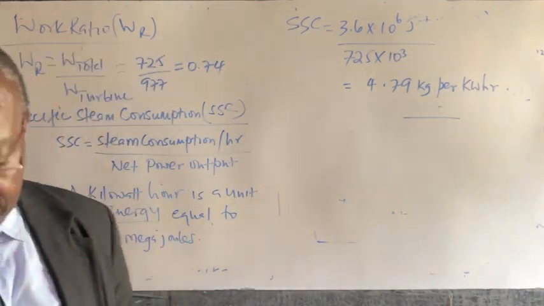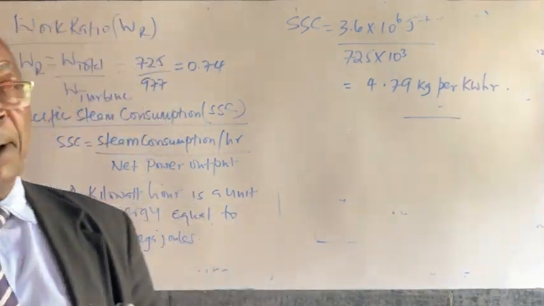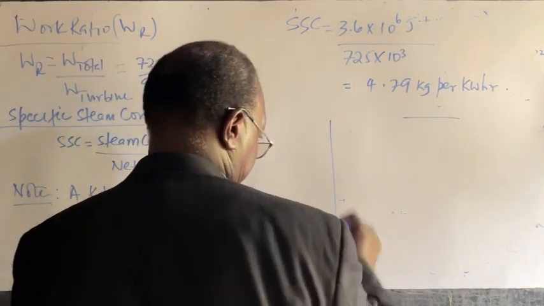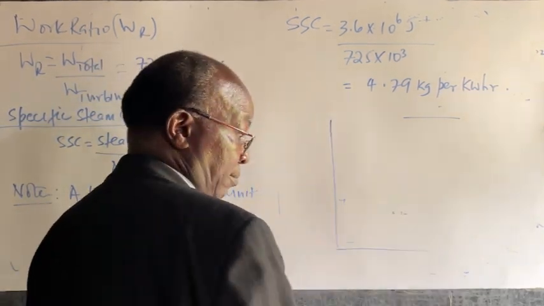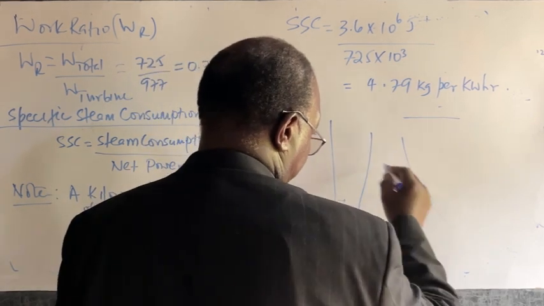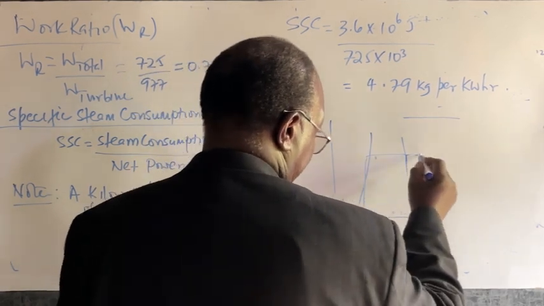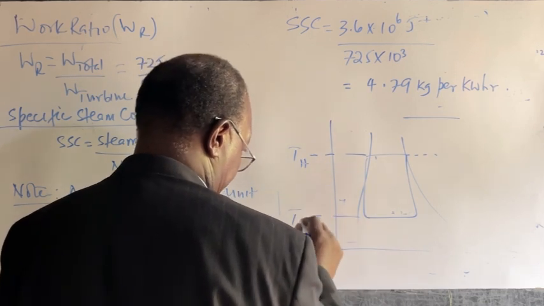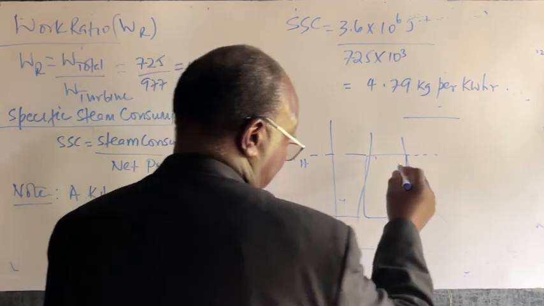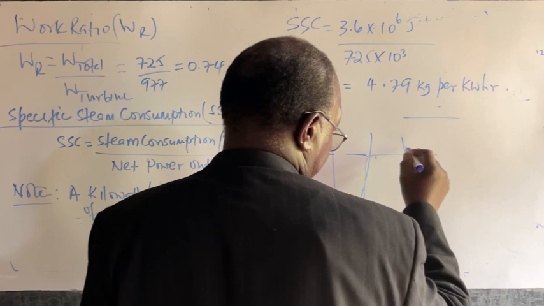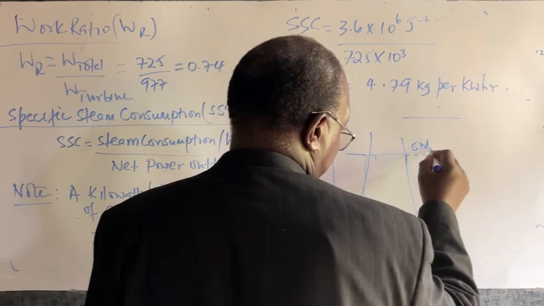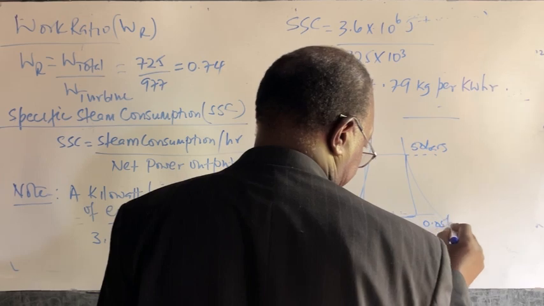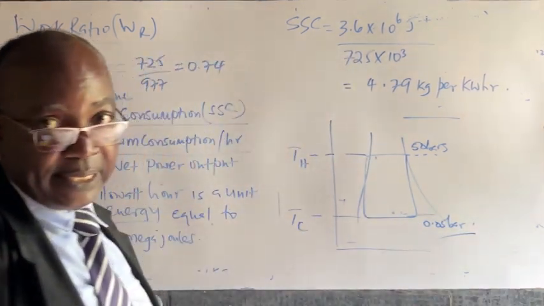Like I said, now vary, for example, your temperature. You can vary your pressure in your diagram so that you practice with it. Take, for example, that this is at 50 bars, and let's say this is at 0.05 bars, and repeat the same exercise again.